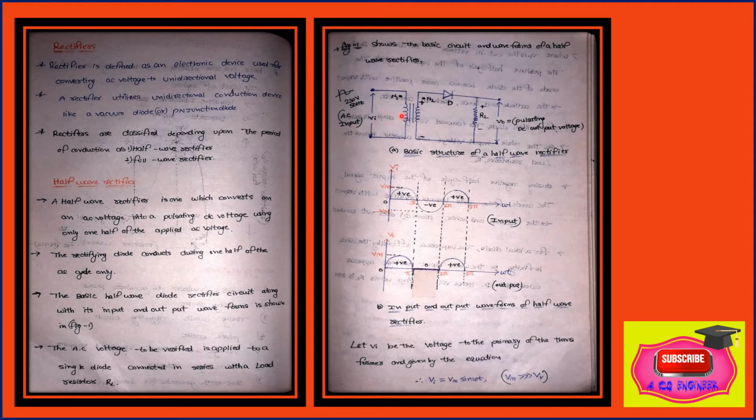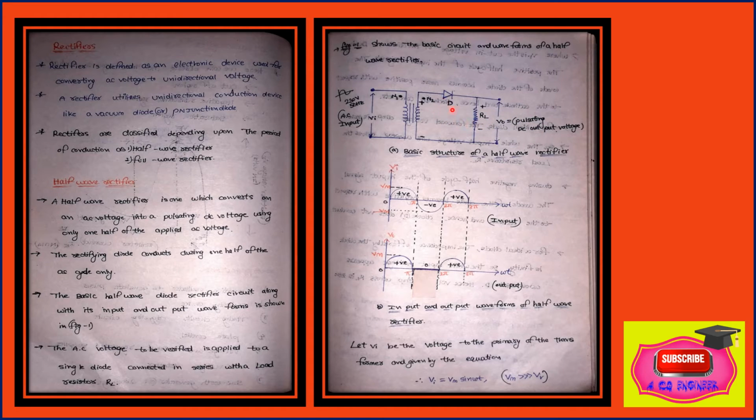This is the primary coil, this is the secondary coil. This is the input signal, this is the output signal. The input signal is an AC signal, AC voltage. The output signal is a DC voltage, DC signal. Here the load resistance is RL.